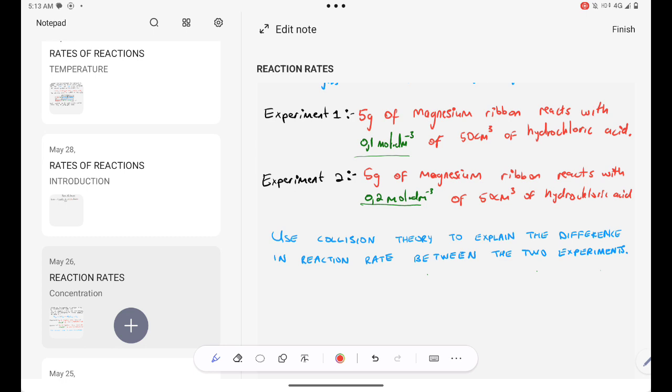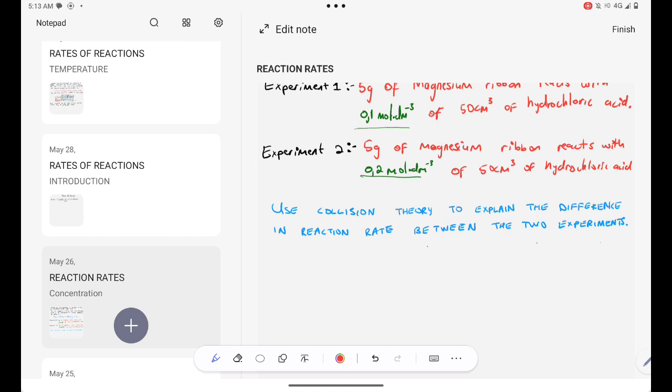First question: they want us to use collision theory to explain the difference in the reaction rate between the two experiments. The experiment in which one of the reactants has the higher concentration will have a higher rate of reaction.